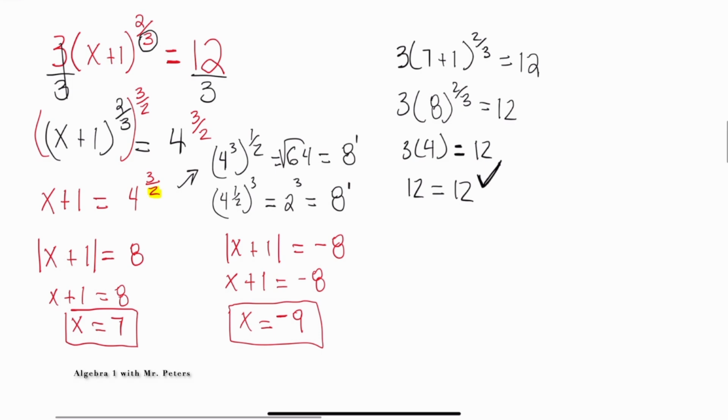Now let's switch colors and go to green, and now we substitute in -9. So we have 3 times -9 plus 1 to the 2 over 3 power is equal to 12. So now remember this.